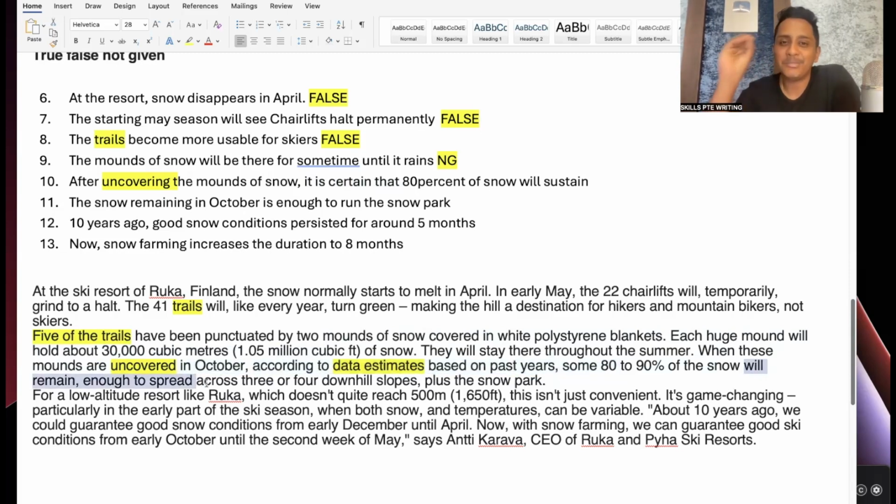This is a data estimation. It is not certainty. Certainty means I'm 100% sure. Estimation is probably this will happen. So here data estimates, here certain. It is estimated that, then it is true. It is certain that, false.